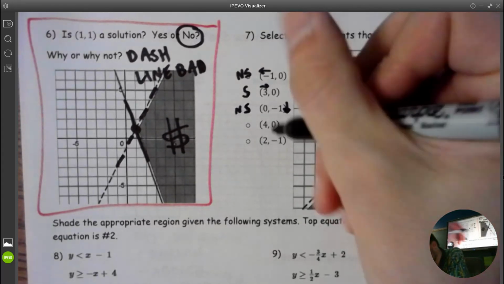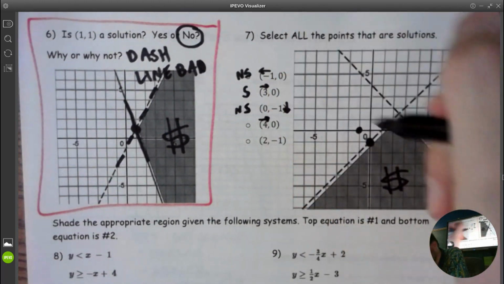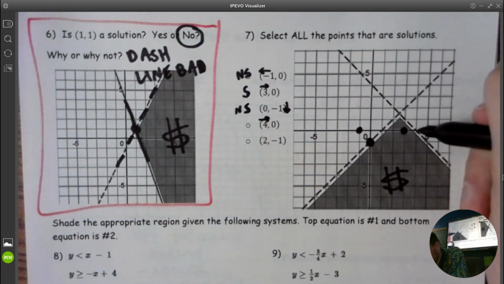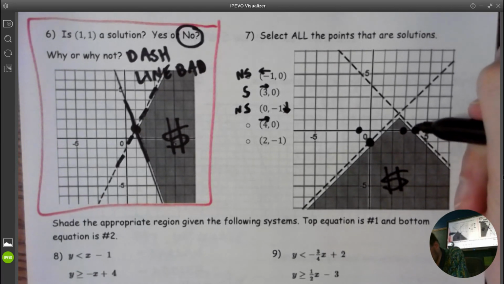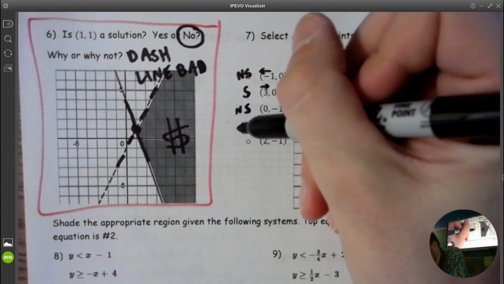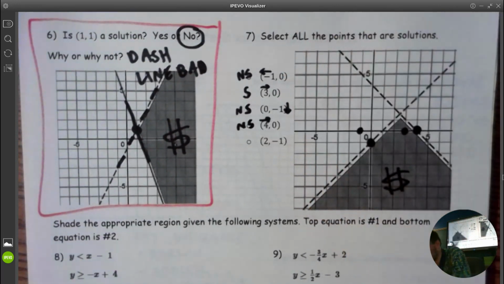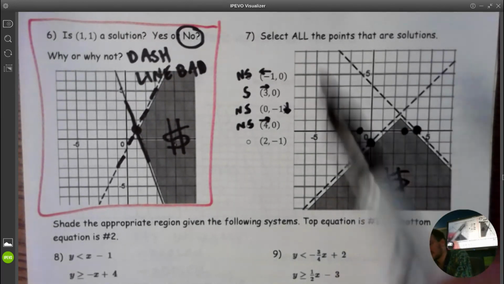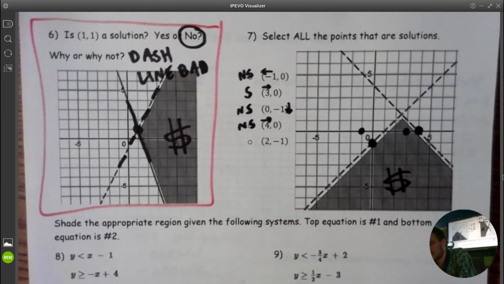4, 0 tells me to go right 4. 1, 2, 3, 4. This is the same thing, right? I'm on that dashed line. That's going to be a not solution. And what do you think about this last one? I've done 4 of these for you. You help me out with 1. Solution or not solution for 2?